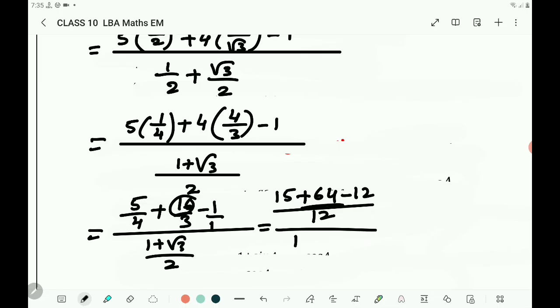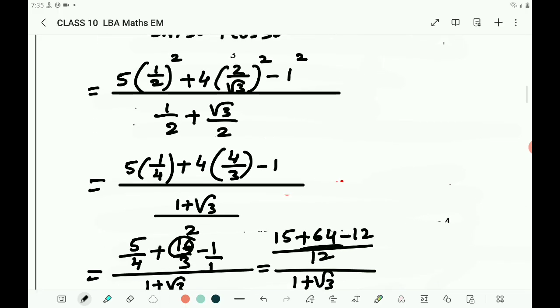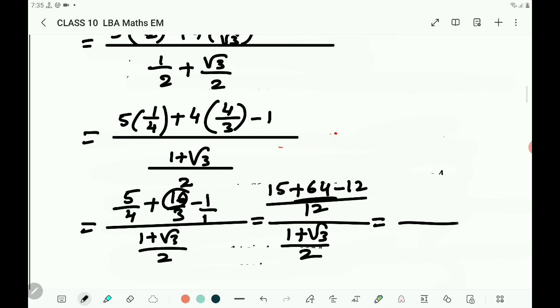Then you write this as it is, 1 plus root 3 by 2. That equals 15 plus 64; 64 plus 5 is 69, 69 plus 10 is 79. The sum of these is 79 minus 12 by 12. Write this as it is, 1 plus root 3 by 2.